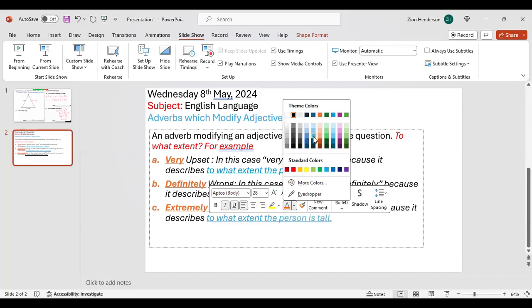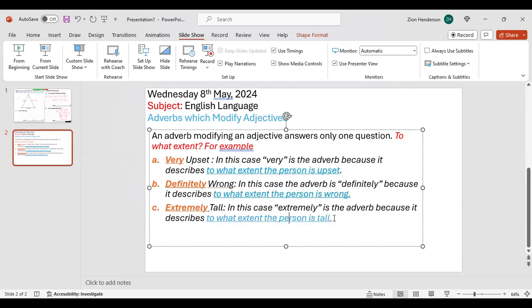Okay, that's their job. So what we're going to do now is look at some sentences, and then you're going to tell me what is the adverb and what is the adjective that it modifies.